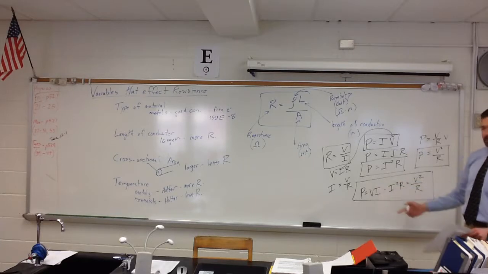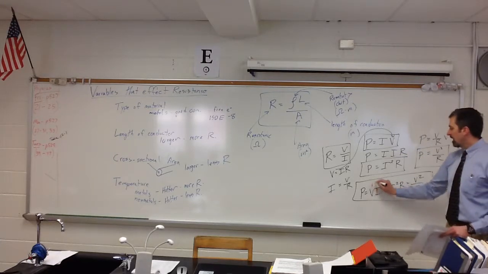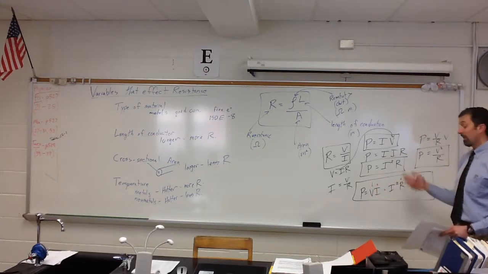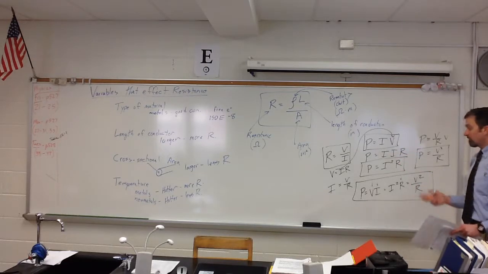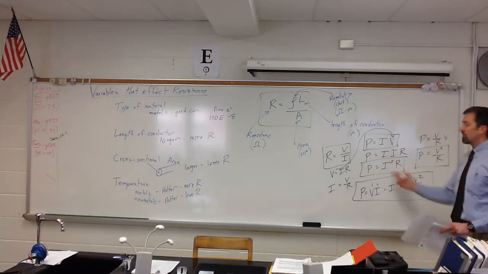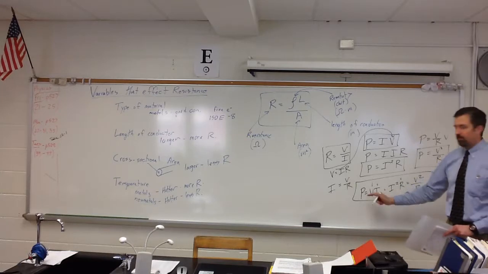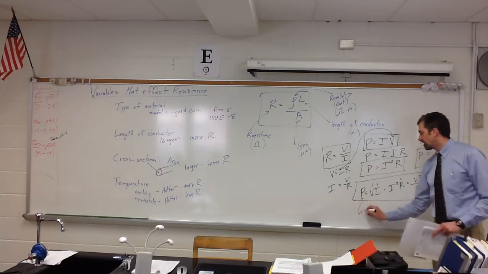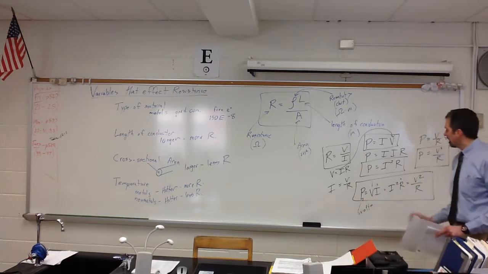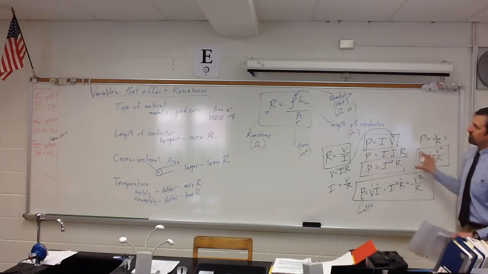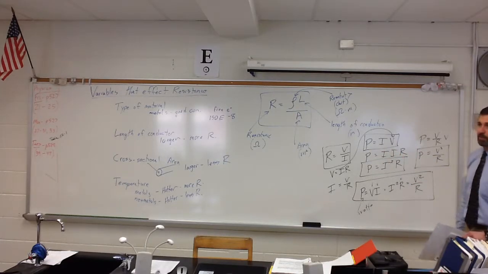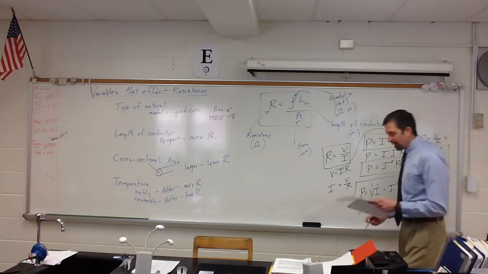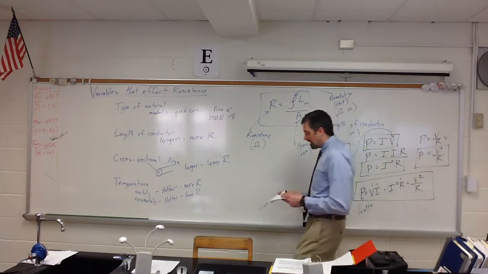So they're trying to tell you, if you have two of the V, I, or R combination, you can always get the power. And remember, power is in watts. So that's a handy-dandy thing, and I'm just trying to give you some context as to how they came up with it.